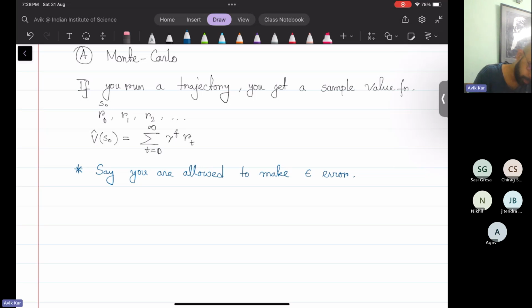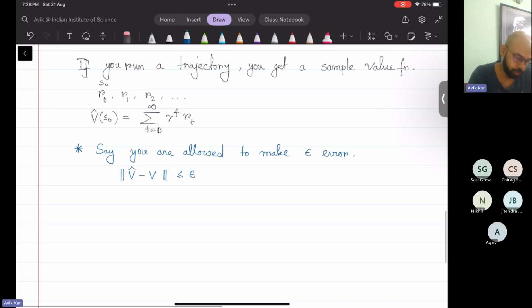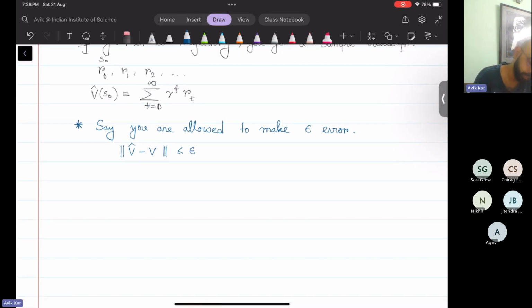So what that basically means is, I have not written pi here, but there is a pi. Let's not write pi because everywhere there will be a pi, so the policy is fixed. V hat minus V, if that is less than epsilon, we'll accept it. If you look at this summation, the first one is R0, the second one is gamma times R1, the third one is gamma squared R2, and so on.